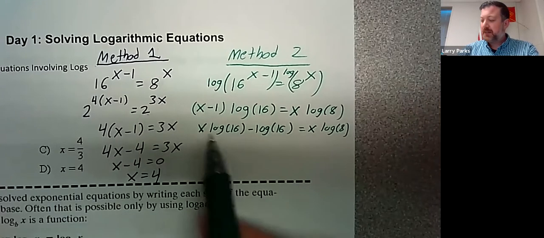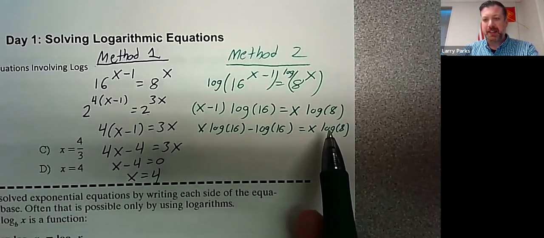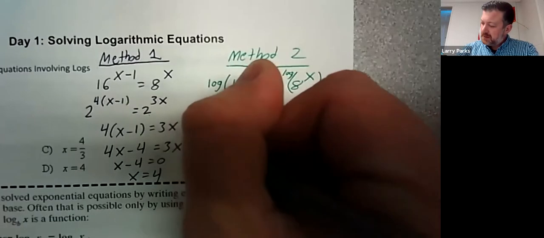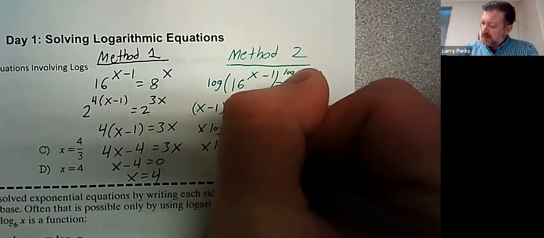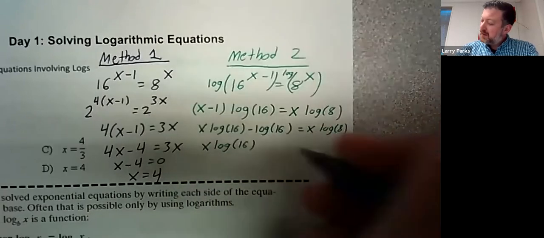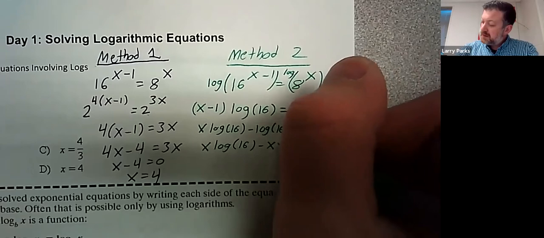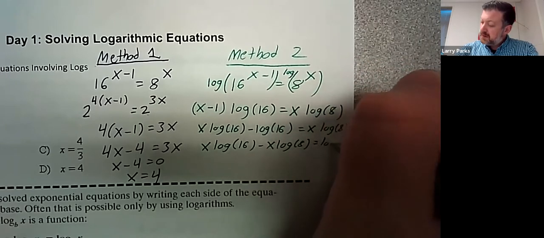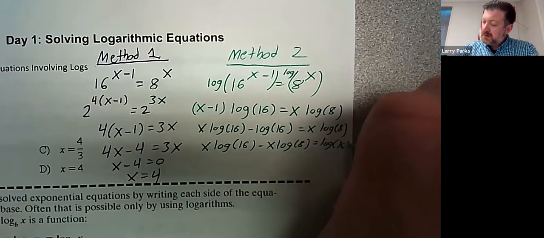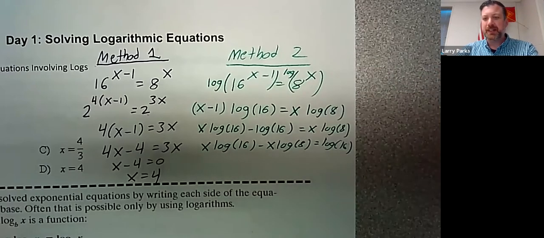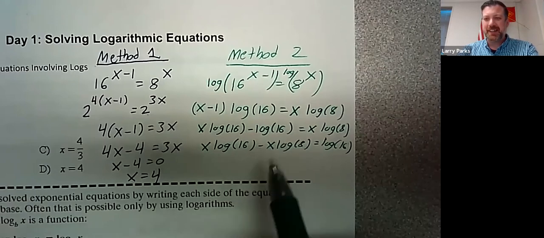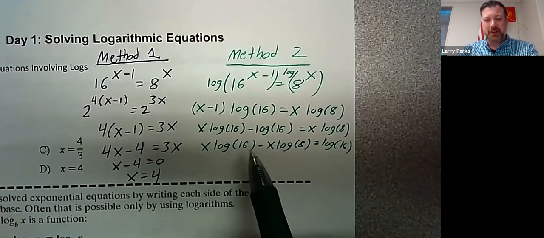From there, you want to get the x's on the same side. So I'm going to subtract and move that over. There might be an easier way to do this, and I may just be having Monday morning not thinking straight, but so far it's working out.